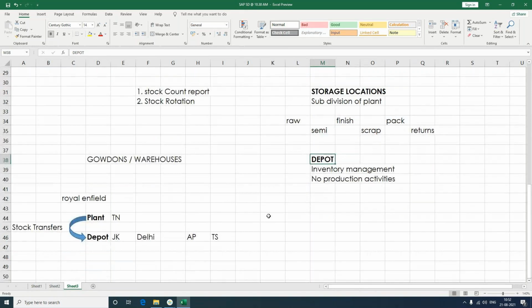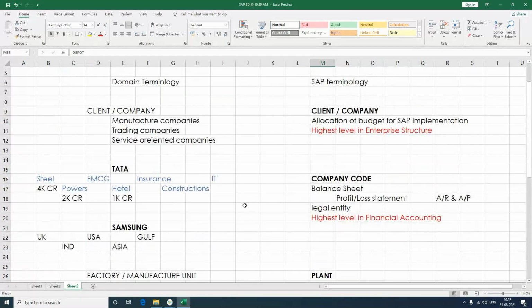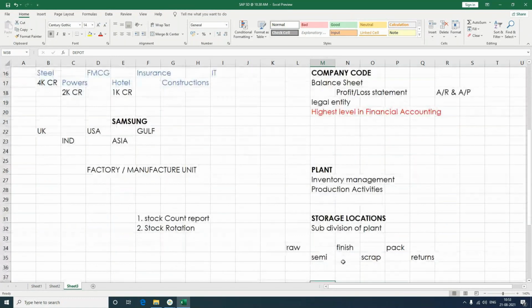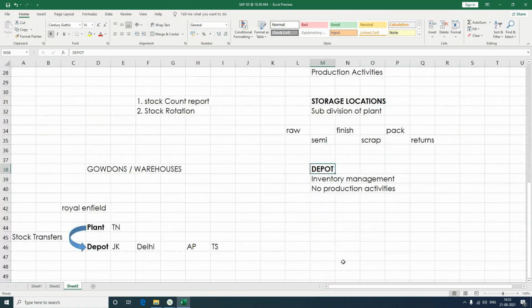Why we need to create so many depots or plants, there are different reasons for that. So all these things you need to work out: company code, plant, storage location, depot creation. We need to have knowledge of how to use it.